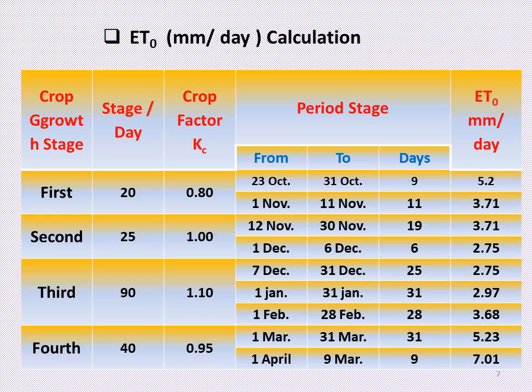For the first period the value is 5.2, and for the second period of the first growth stage it equals 3.7. Thus we must consider the variation of ETo through the different days that compose the different growth stages.